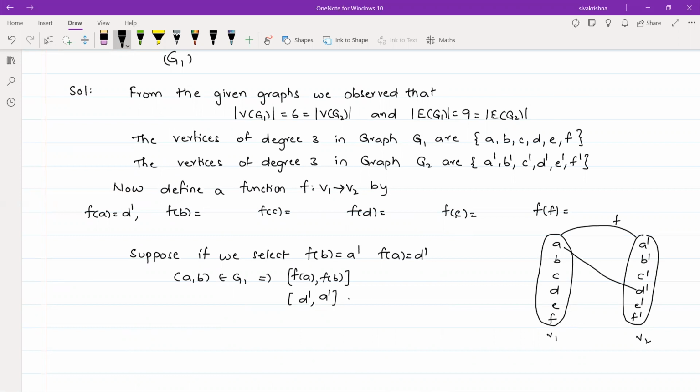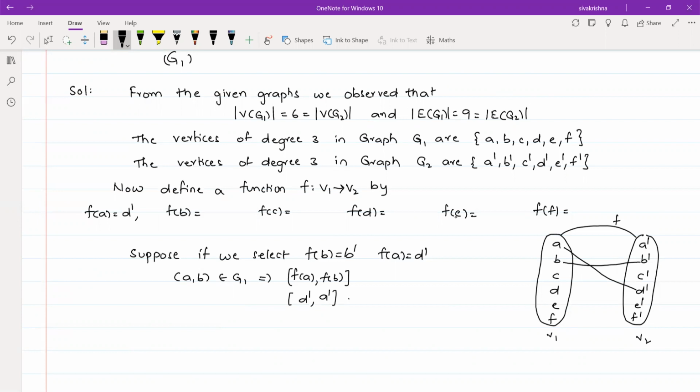Now I am selecting the image of b as b dash. So I am writing here the image of b is b dash. Once again, I select the edge (a, b) in graph 1.